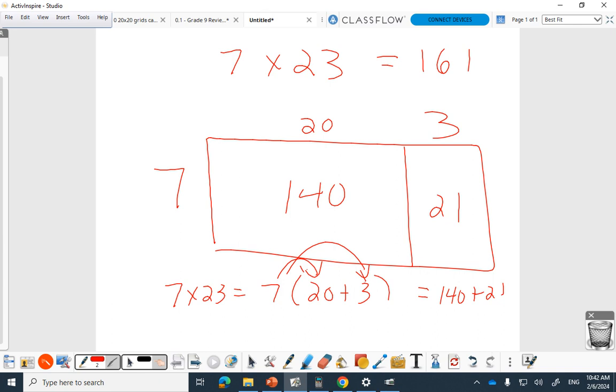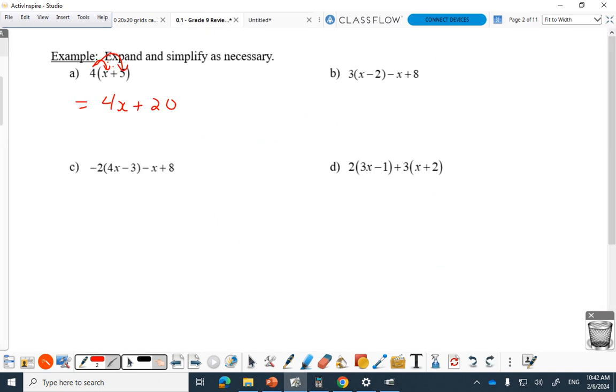If you're not going to use BEDMAS, you've got to use the distributive property. The number out front multiplies by each of the terms in the brackets. And it happens here as well. Multiply the 3 out front times each term in the bracket. 3x, 3 times subtract 2. Or is it negative 2?